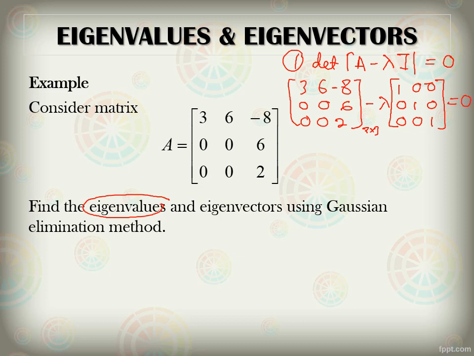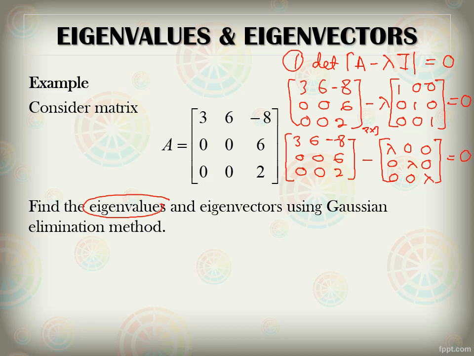When we multiply lambda inside here, you will just have lambda here, and the rest will be 0. Multiply lambda to the second row, so 0, lambda, 0. Multiply lambda with the third row, you get 0, 0, lambda. And this is equal to 0 as well.